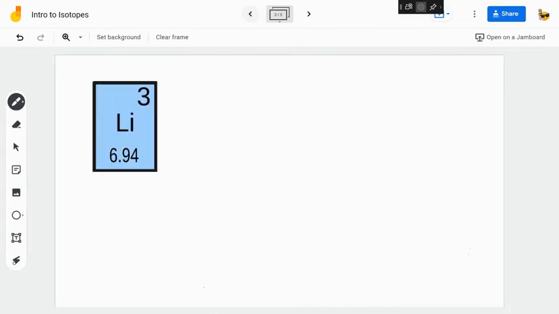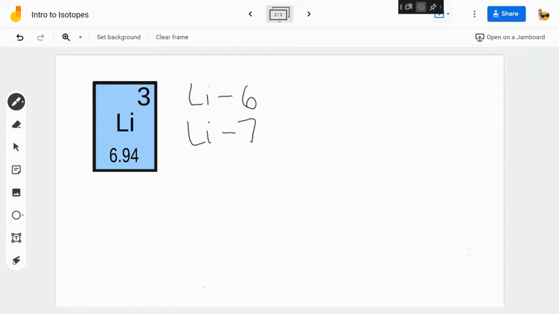Okay, let's take this to the next step. My two isotopes of lithium are lithium-6 and lithium-7. Now, because neutrons aren't exactly 1.0000 AMUs and electrons aren't exactly a mass of 0, the exact mass in AMUs is going to be a little bit different than 6.